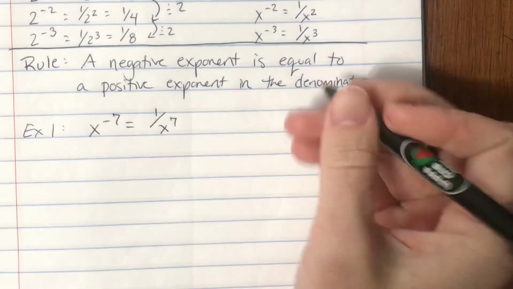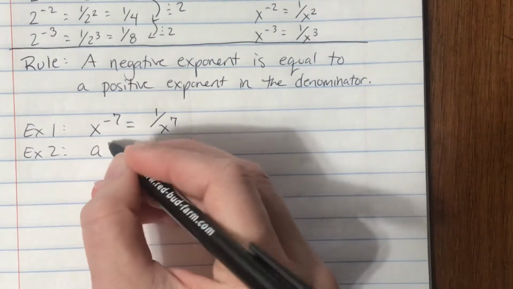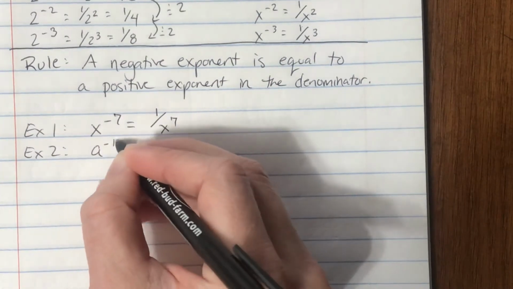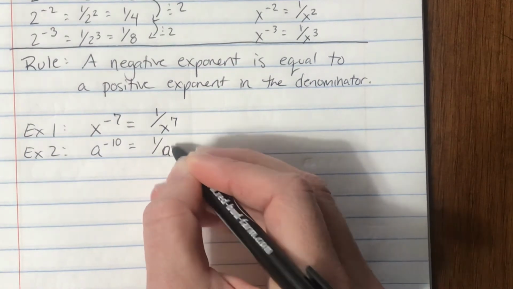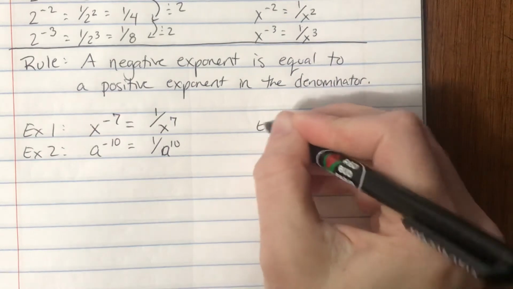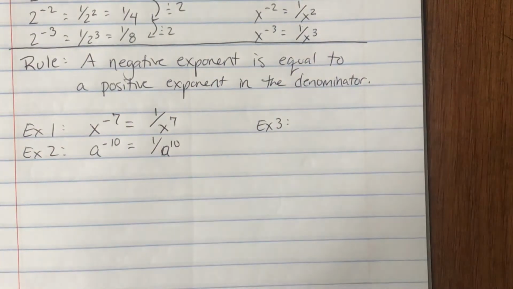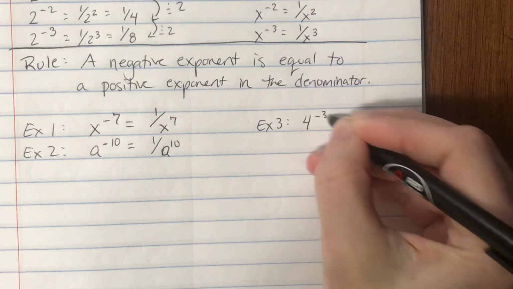Or let's do example number 2, a to the -10th. And you would say, oh, that's 1 over a to the 10th. Now, if it's a number, so I'm going to go over here, example number 3. If it's a number, so let's say we did 4 to the -3rd power.